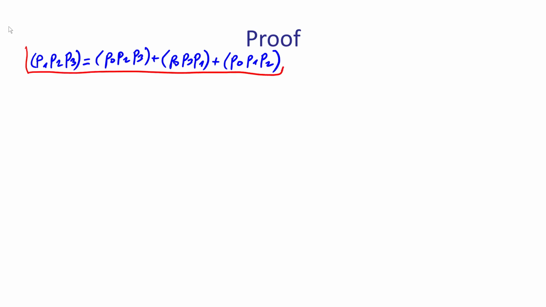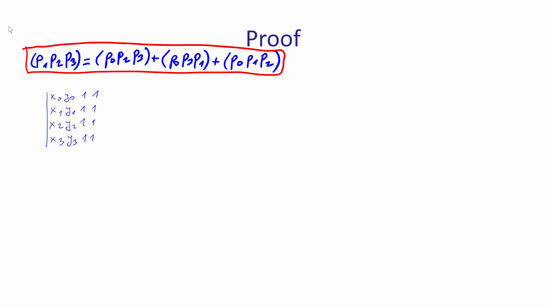Now I want to prove that formula formally using some interesting determinant. So let's develop the following determinant: x0, y0, 1, 1, x1, y1, 1, 1, x2, y2, 1, 1, and x3, y3, 1, 1.